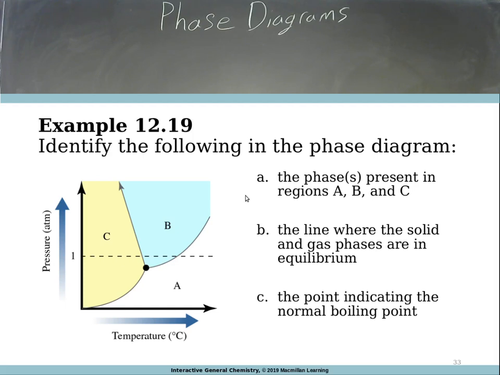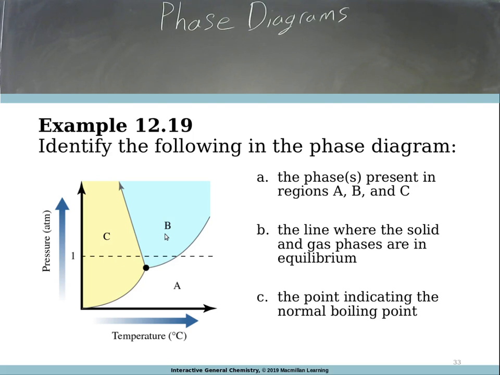What phases are represented in these regions? Well, the lowest temperature, high pressure phase is the solid. At really low pressures and high temperatures, that's a gas, and then the one in the middle is liquid. So C is solid, A is a gas, B is a liquid.